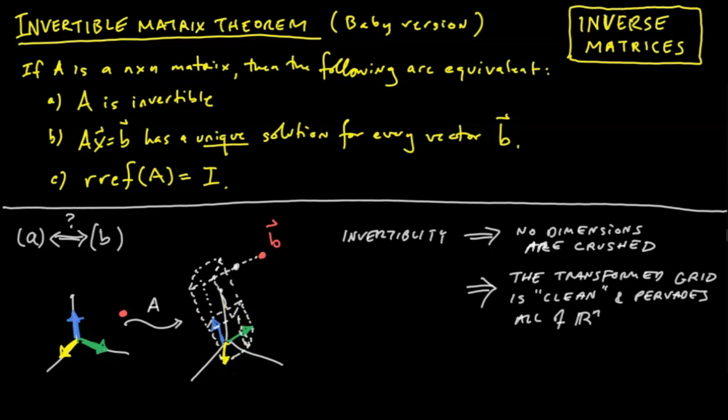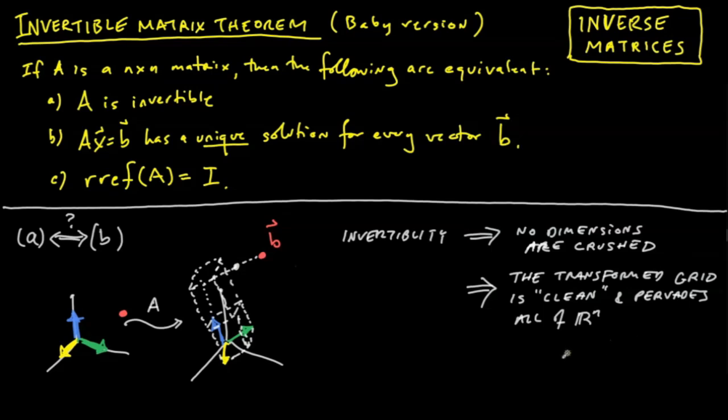In other words, there's only one way to get to that point. And as a result, since linear maps preserve linear combinations, that point has only one pre-image, so to speak, in the input space that can be mapped to it, which means that not only does this equation Ax equals b have a solution, its solution is unique. There's only one vector that A maps to b, no matter what b is.